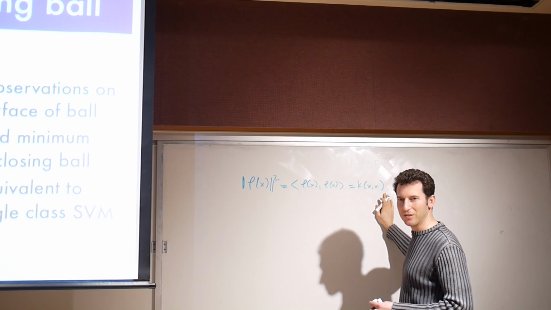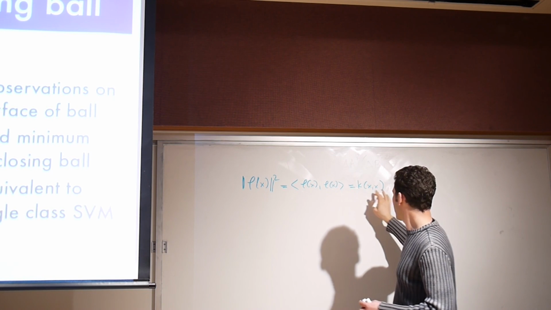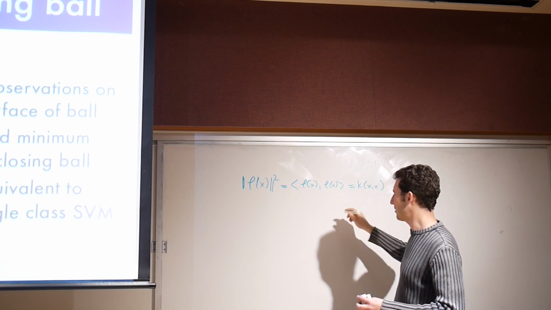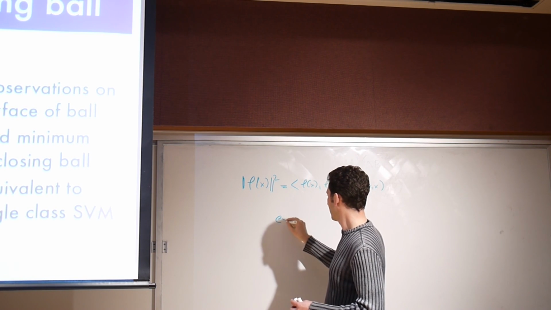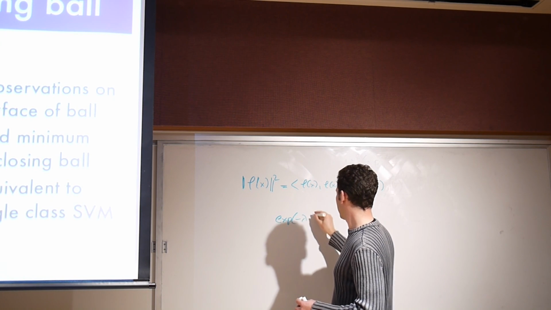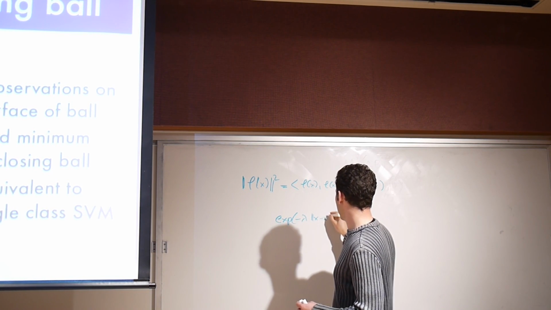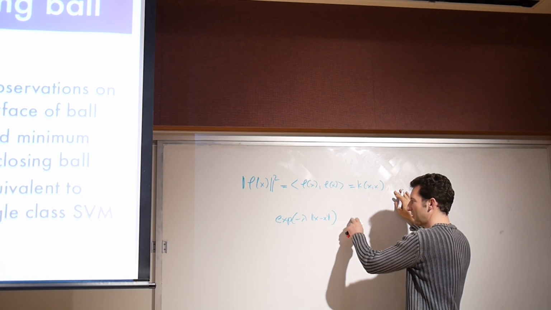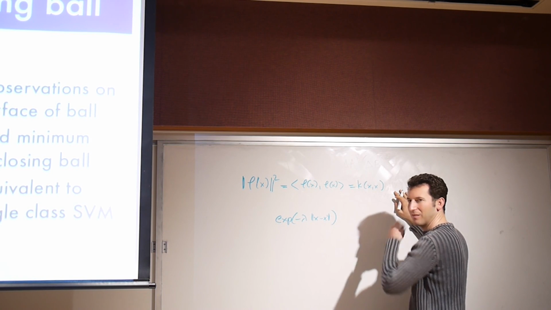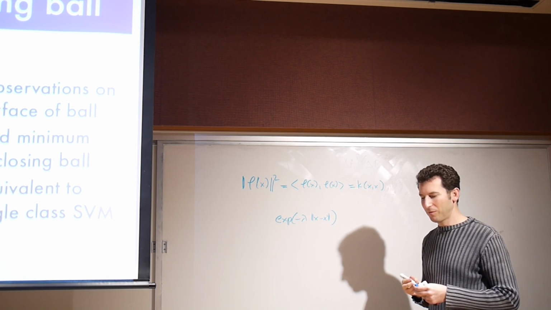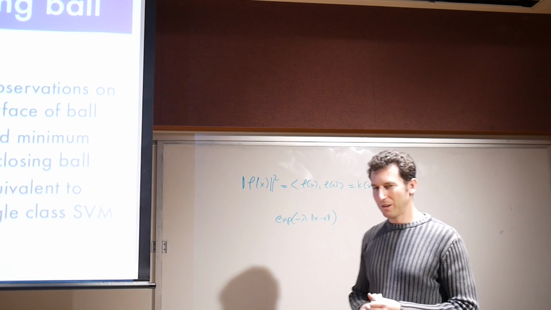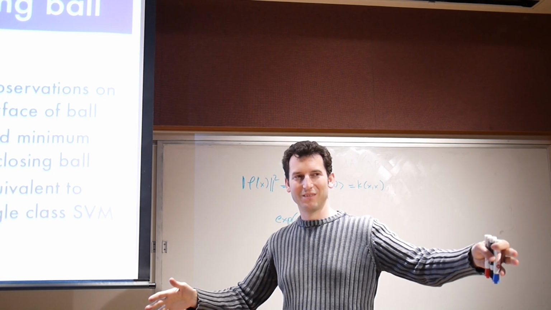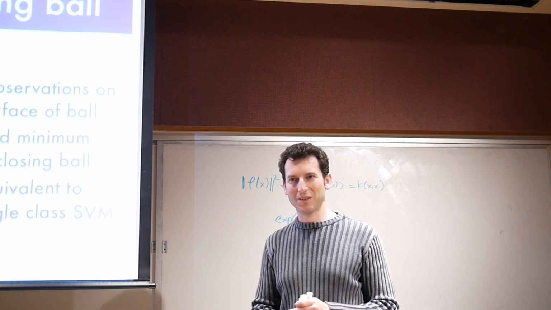Now for radial basis functions, which depend on the distance between x and x prime, if I have something like e to the minus lambda norm of x minus x prime, if x and x prime are the same thing, that gives me a constant. In this case, for instance, 1. So what I've therefore got is a situation where in Hilbert space, all my points lie on the surface of a sphere. It's a very bizarre construction, right?